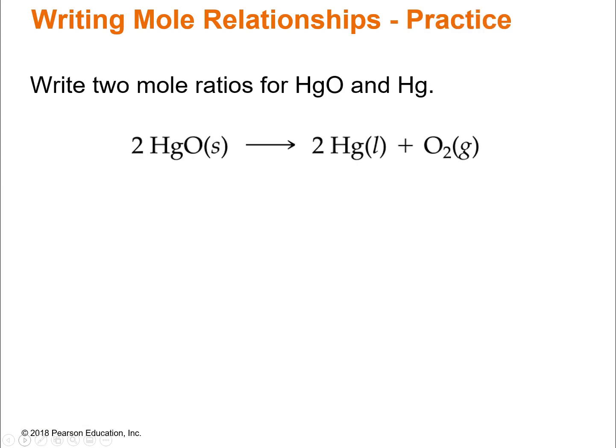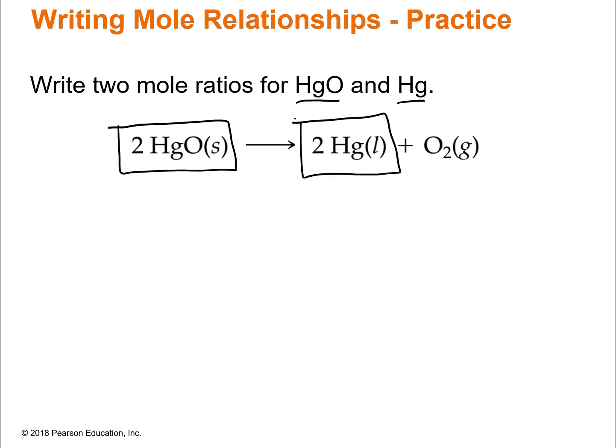I want you to write the 2 mole ratios for mercury 2 oxide and mercury. So that's this and this. I'll give you a minute and I'll check back in.